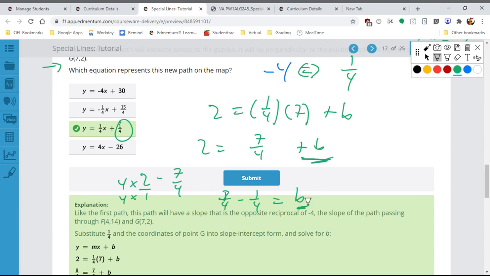That's how I solve for this b right here. Oops, this is supposed to be a 7. So that tells me that b equals 1/4. So that's how I'm getting this 1/4 right here. This 1/4, the one I'm circling in yellow right now, that 1/4 is our slope, our rise over run. That's what we flipped over right here.